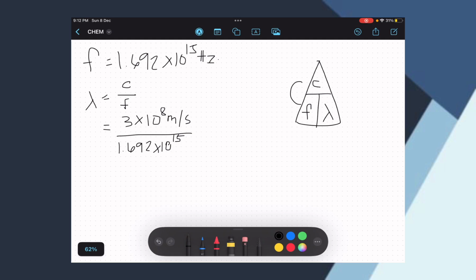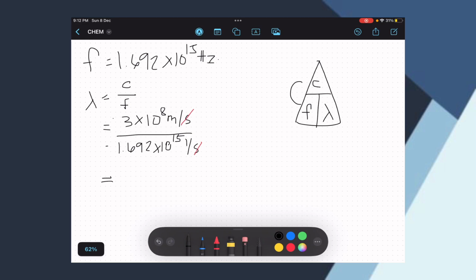Hertz can be written as 1 over second. As you can see, both the denominator and the numerator have seconds, so we can cancel this, and then we proceed to computing.